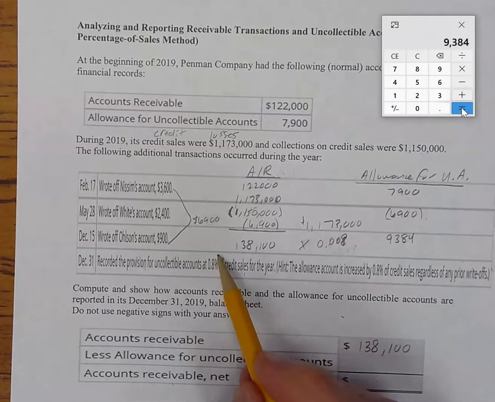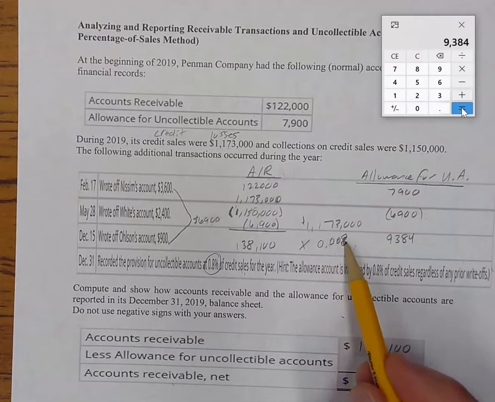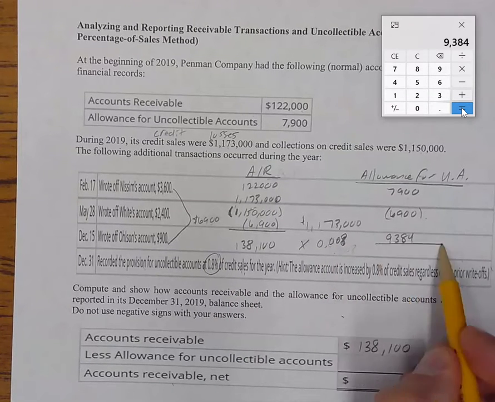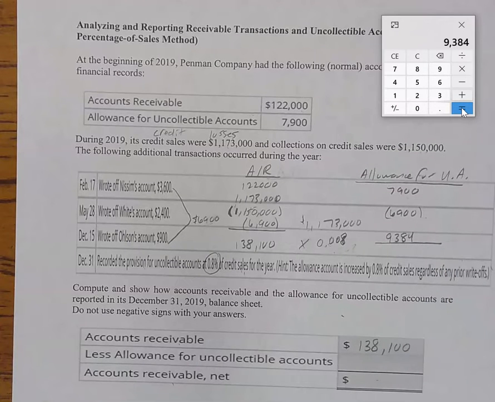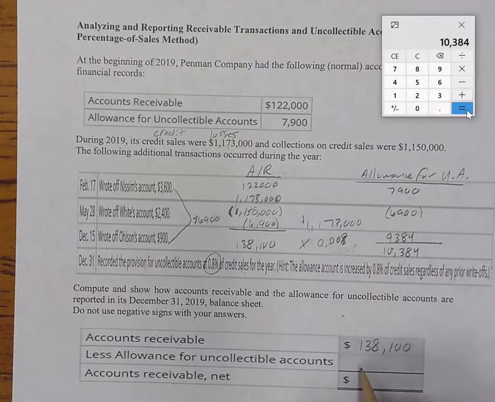There it is right there. 0.8%, or as a decimal, 0.008, gives us $9,384. So I've already got the $9,384 on my calculator. And then you know what I'm going to do? I'm going to save a moment, and I'm just going to say, obviously a net of $1,000. So I'm going to add $1,000 there. $10,384.